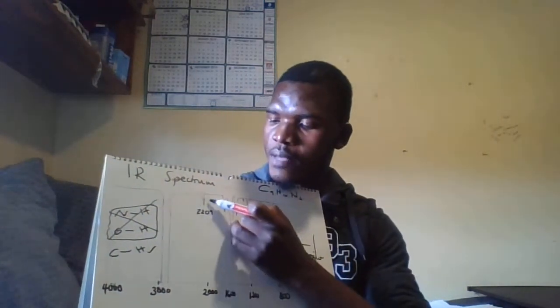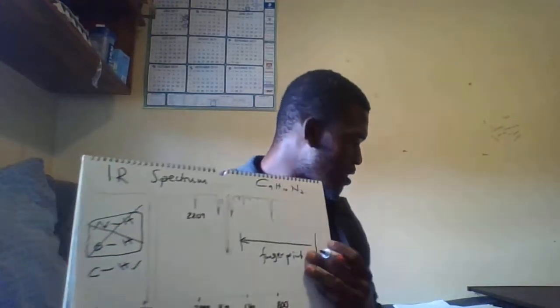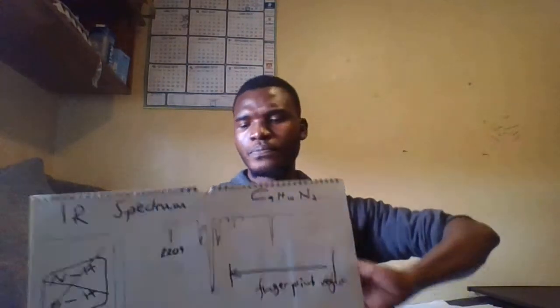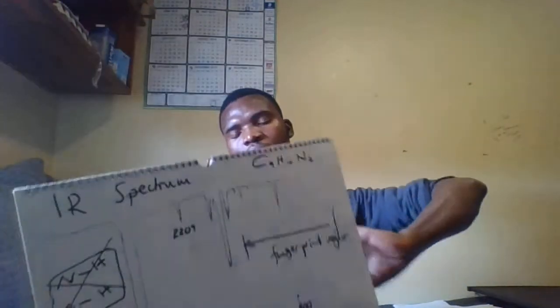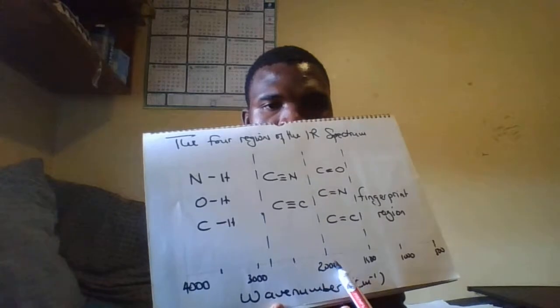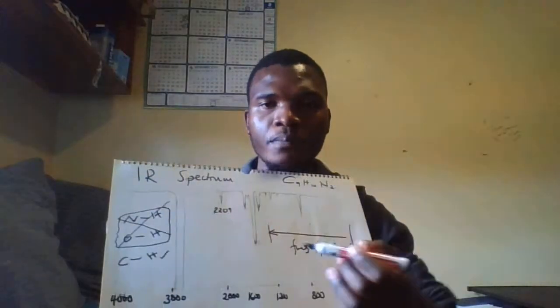So let's see this peak at 2,209. What is this peak telling us? From this table we could see that we have this range from 2,000 to 3,000 where we are seeing this triple bond. So this actually agrees with this peak.